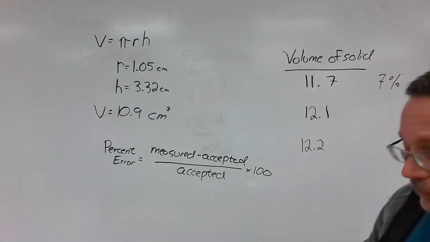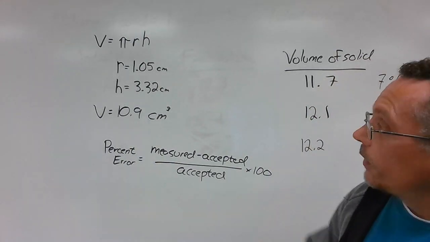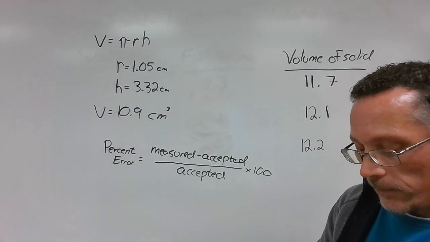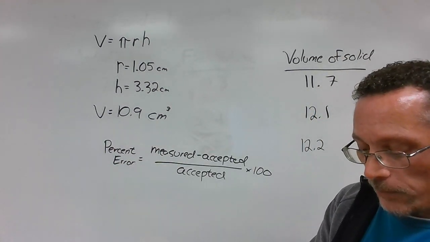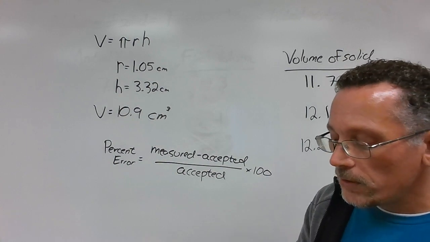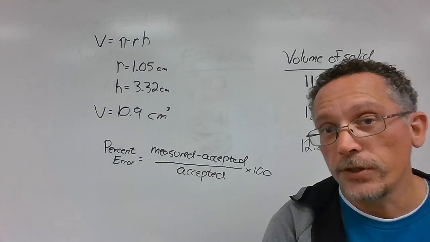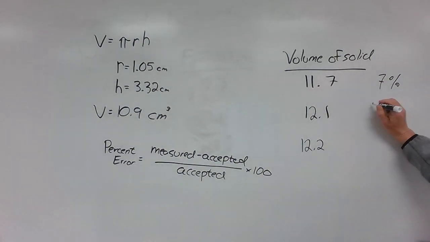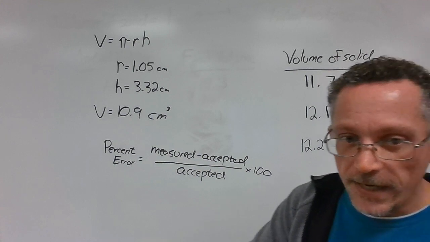For the second one, we have 12.1 minus 10.9, divided by 10.9, times 100, which is about 11%. About 11% error.